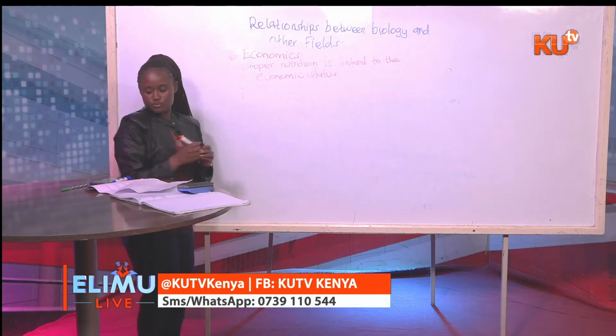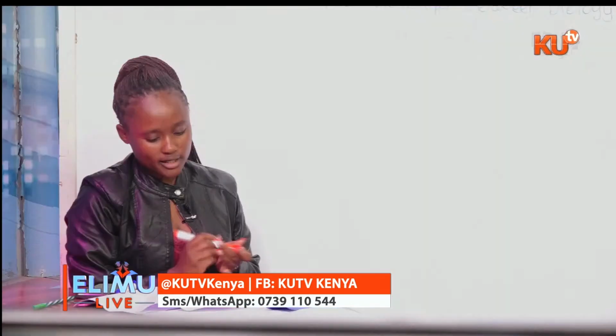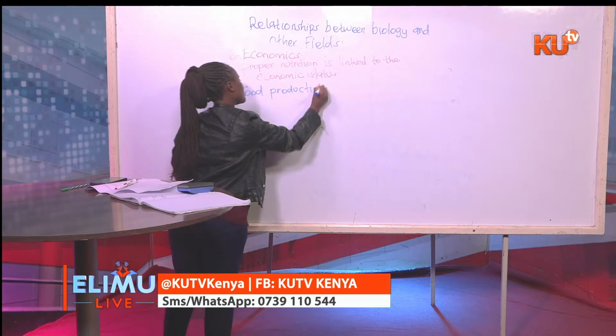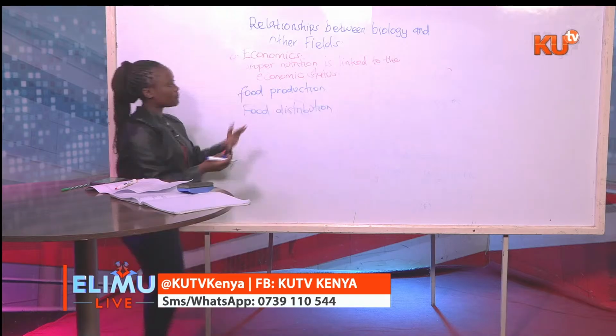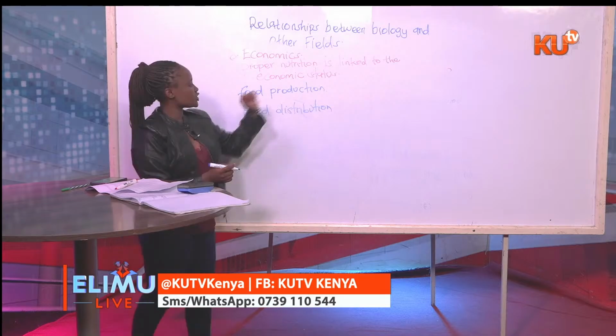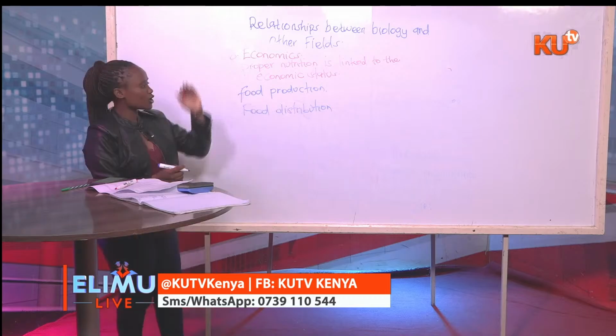And food production is all about biology. We also have food distribution. This is how biology and economics relate: how proper nutrition helps in economic status, either growing or lowering.